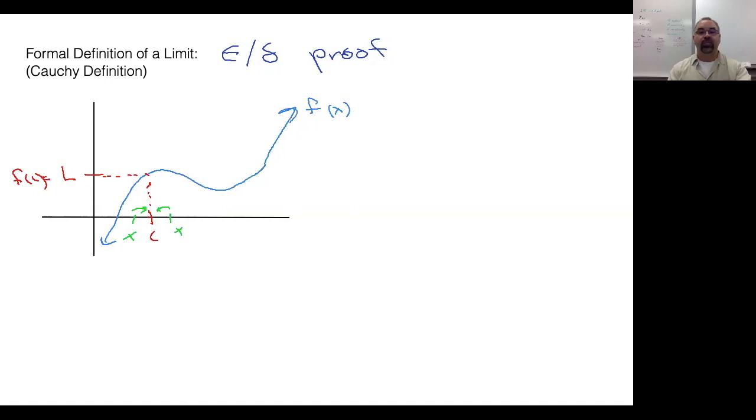The limit as x approaches c of f of x equaling L, it has to mean something. And so what Cauchy wanted to do was really formally define what we mean by that. Cauchy was a real stickler for things, basically. So what he did was, look, if x is approaching c, what are we really talking about?